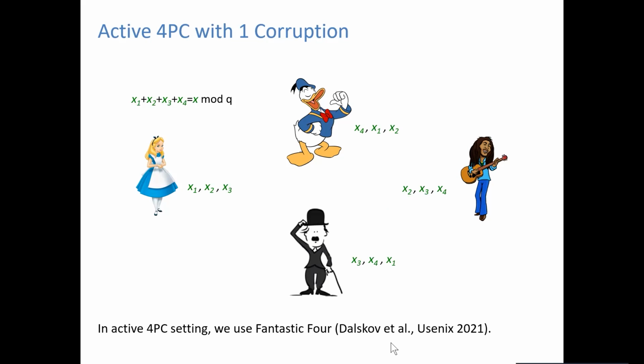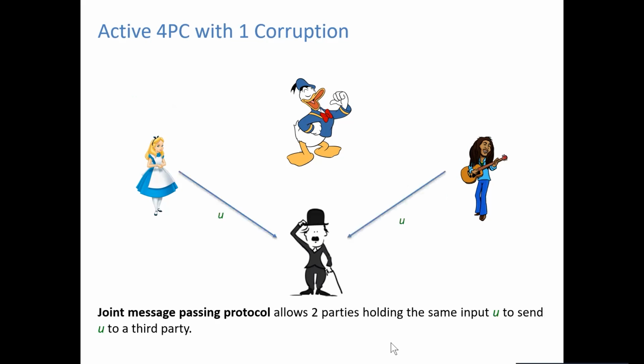I'll not enter the details of this Fantastic protocol, but the main trick that it allows us to do when you move to 4 computing parties is the following. It is a protocol that essentially allows you to jointly send a message. So 2 parties that know some value can send a message to another party in a reliable way, in the following sense.